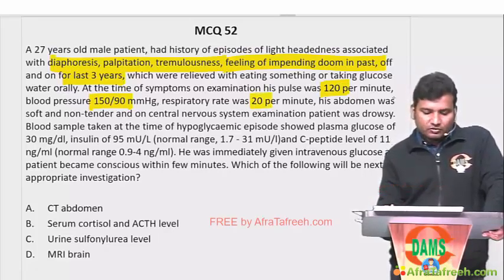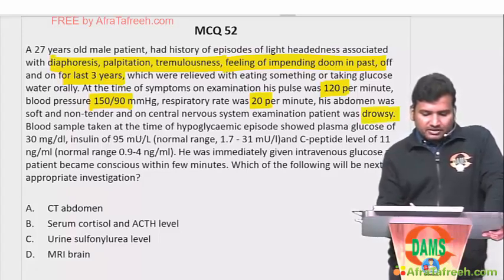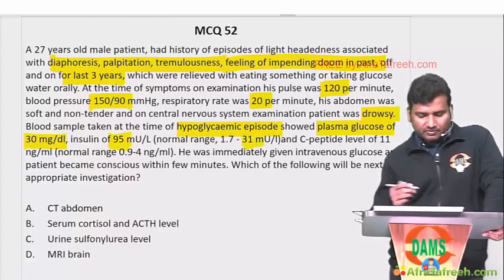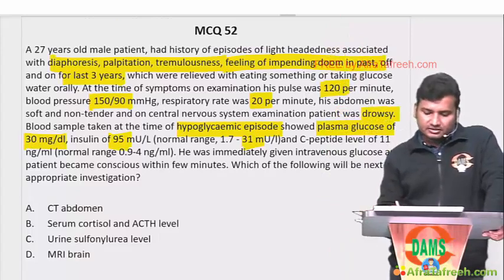His abdomen was soft and non-tender, and on central nervous system examination, the patient was drowsy. Blood sample taken at the time of hypoglycemic episode showed plasma glucose 30, insulin 95, normal is up to 31, insulin is increased, sugar is decreased, C-peptide levels are 11.